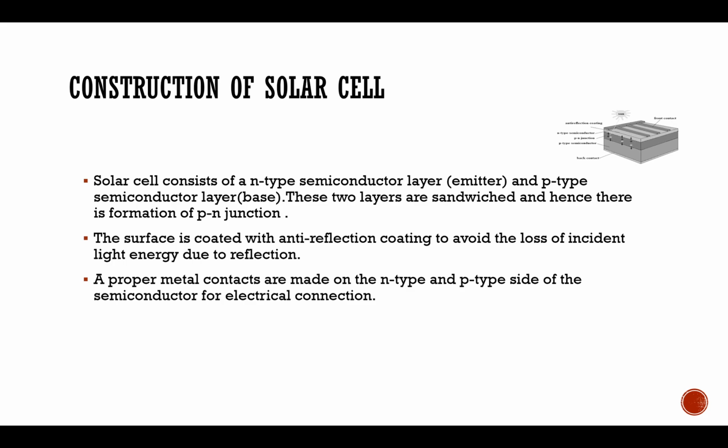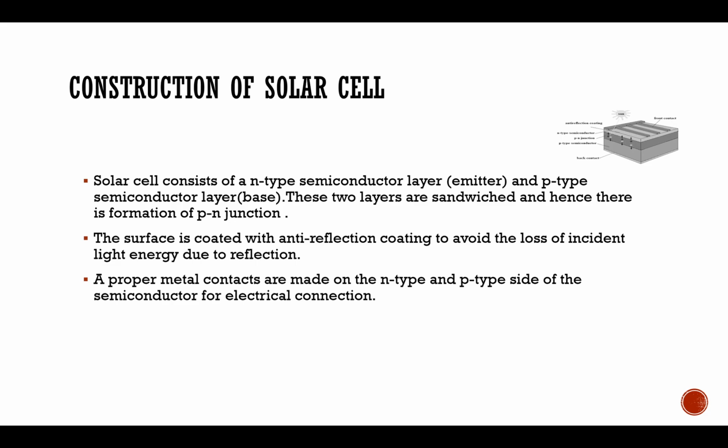Mainly a solar cell is constructed using crystalline silicon that consists of N-type semiconductor. This is the first upper layer, also known as the emitter layer.